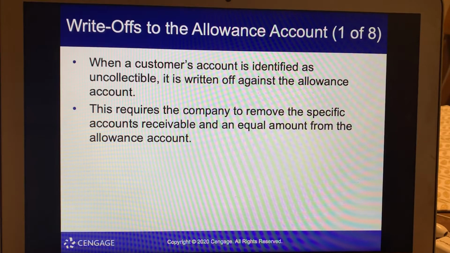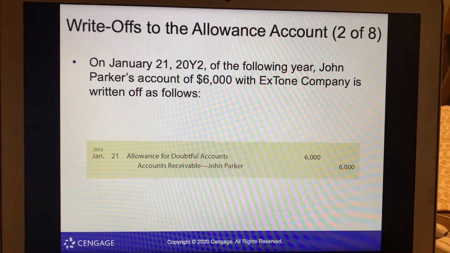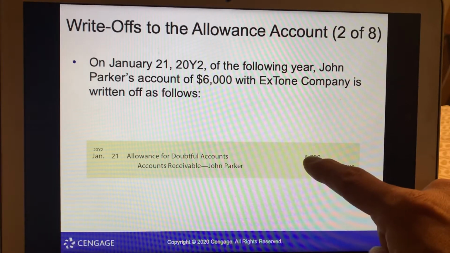When a customer's account is identified as uncollectible, it is written off against the allowance account. This requires the company to remove the specific account receivable and an equal amount from the allowance account. So here's an example. 6,000 with X-Tone Company is written off as follows: allowance for doubtful accounts. Don't forget, this is the contra asset.